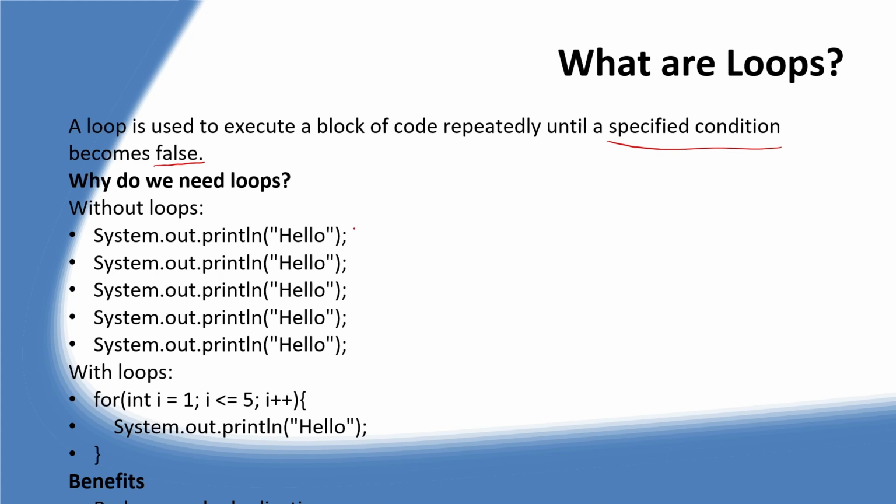Then we need to write print statements n number of times, which is not worthwhile. We can achieve this with the help of loops. This is an example of a for loop. We'll see what the syntax is and how it works.